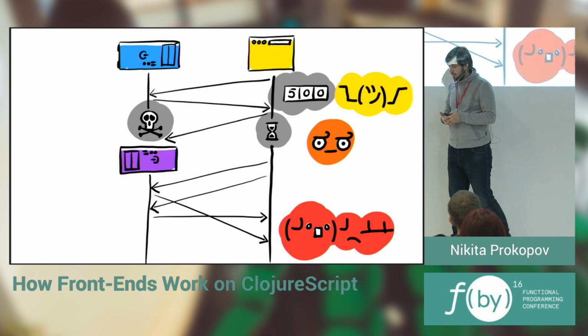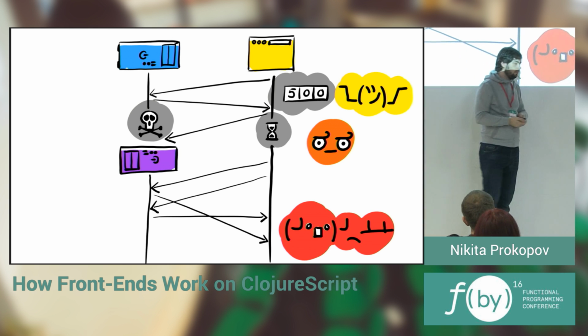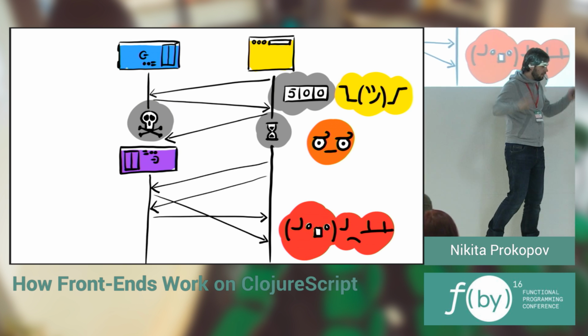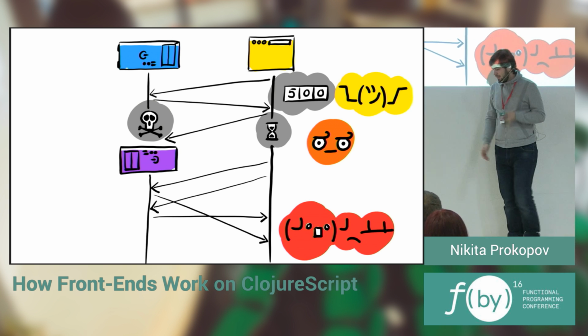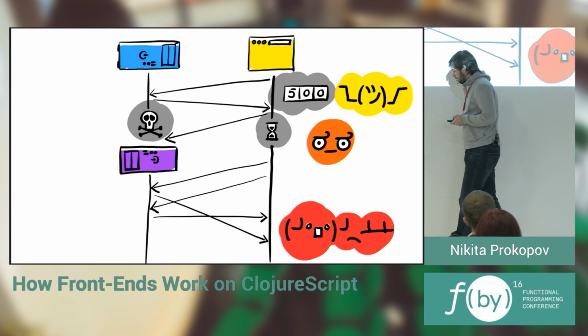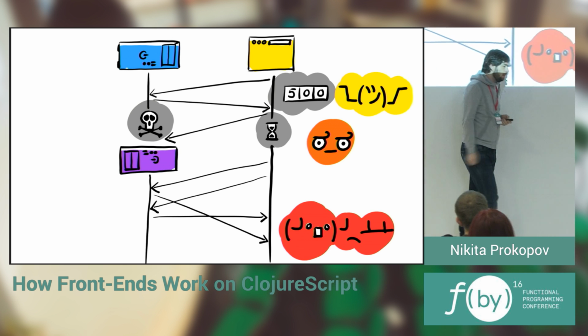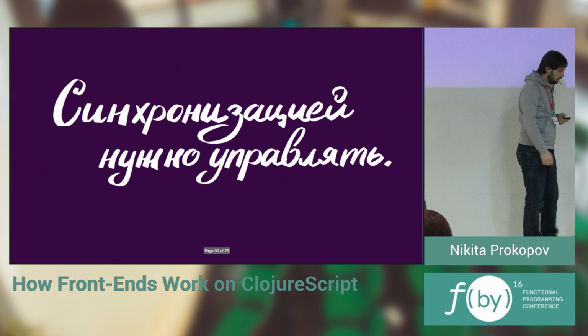So it might end up in a state which is broken. So your only chance is to refresh the page, actually. This is why browsers still have a refresh button.